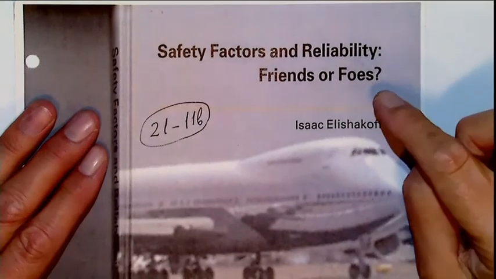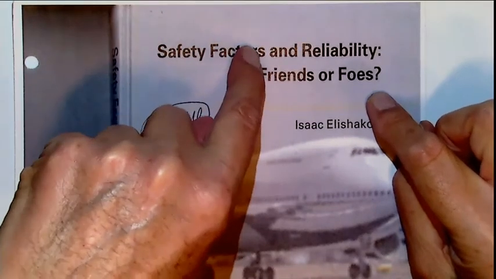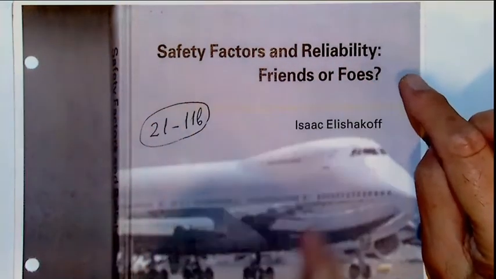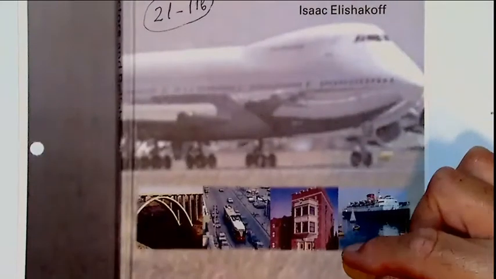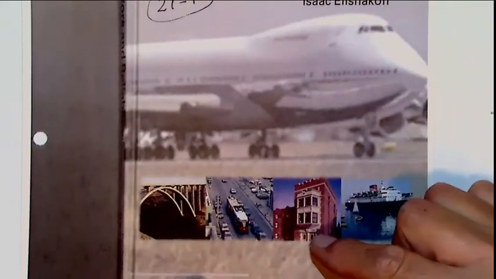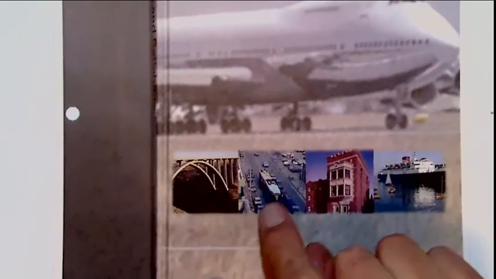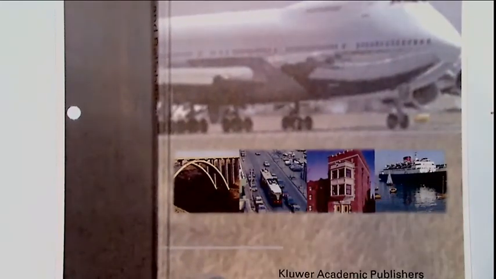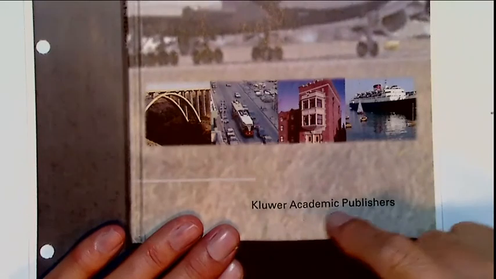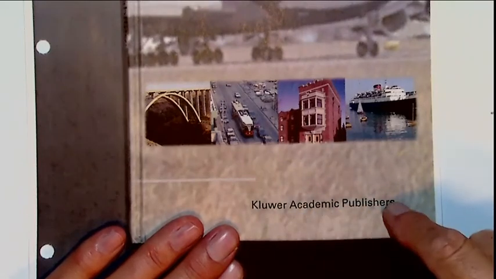It considers safety factors on one hand and probabilistic design of various structures in aerospace, civil, ocean, and automotive engineering, published by the Dutch publisher Kluwer Academic Publishers. Okay, we continue.